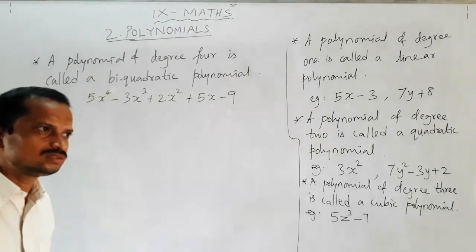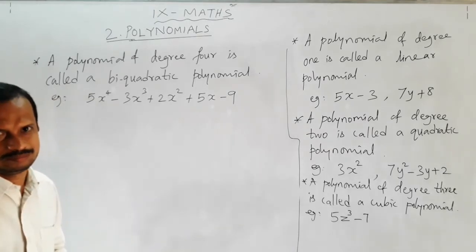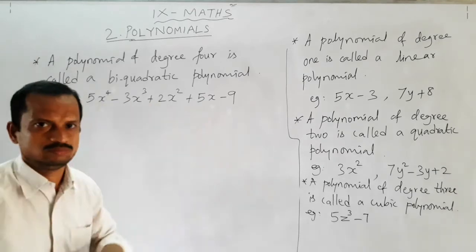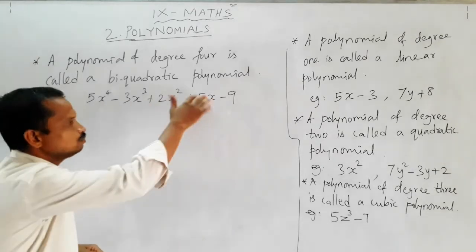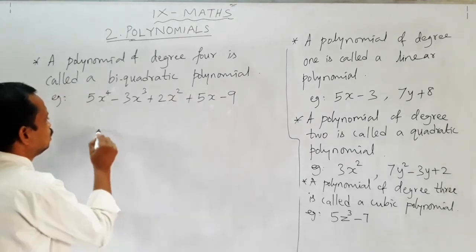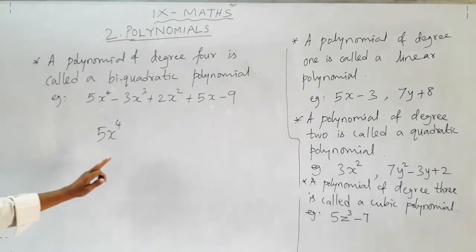When the degree is 3, the possible number of terms is 4. Here the degree is 4, therefore the possible number of terms may be 5. Suppose any one term may be missing sometimes. For example, if you take 5x power 4 alone, this is a biquadratic polynomial.